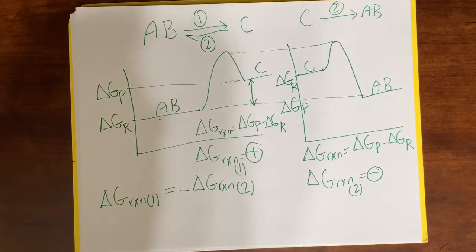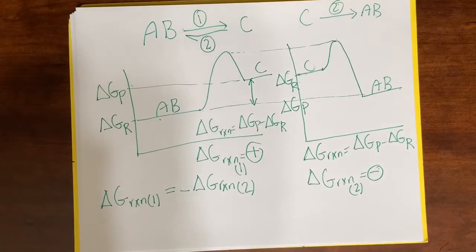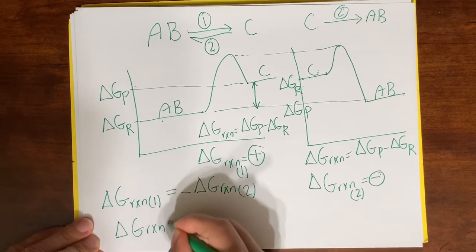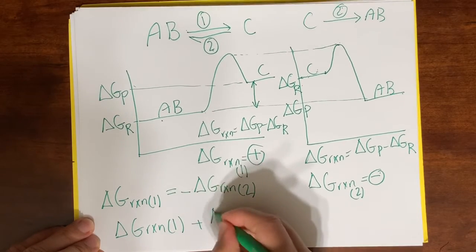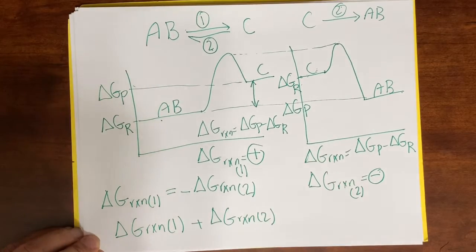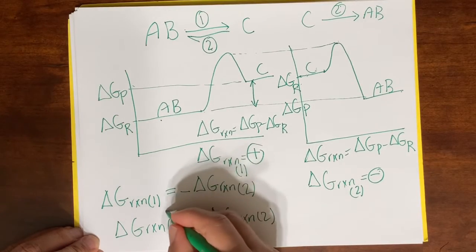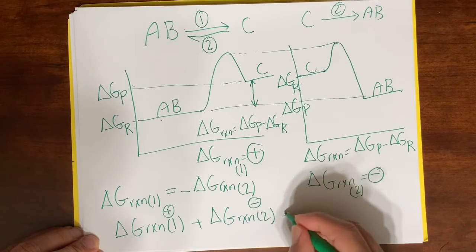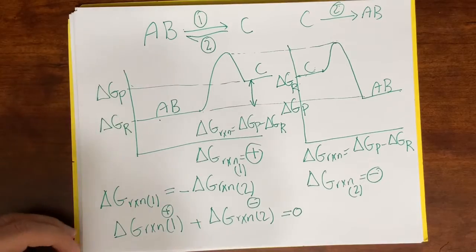So if they are equal with opposite sign, when you add them, they will cancel each other. When you add delta G of reaction 1 plus delta G of reaction 2, this is positive, that one is negative, and your final answer will be 0.